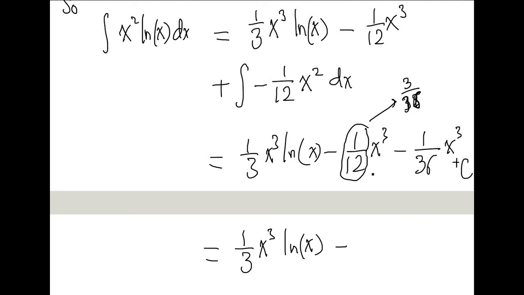So we get minus 4 over 36, which is 1 over 9 x cubed plus c.